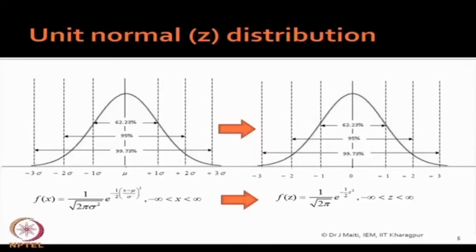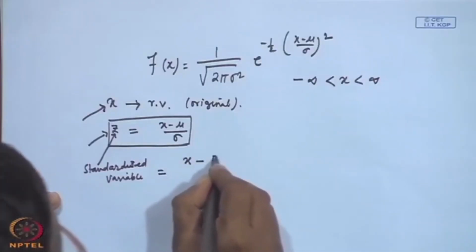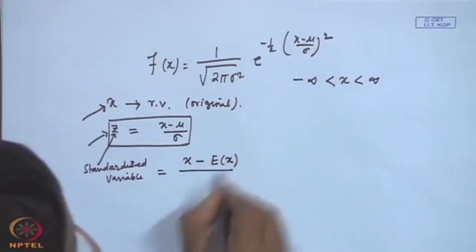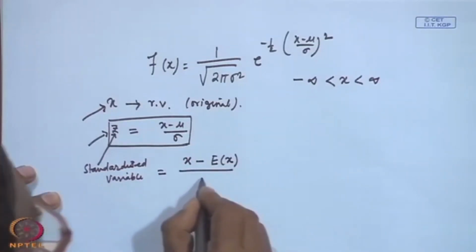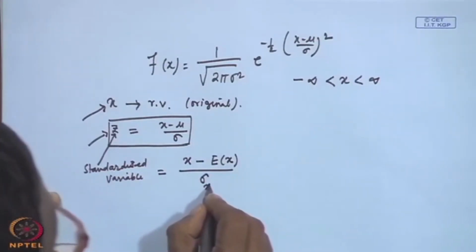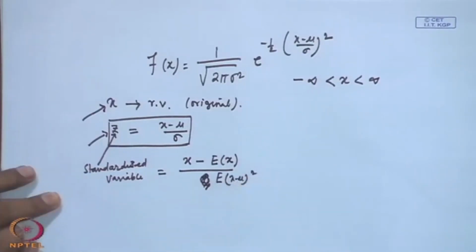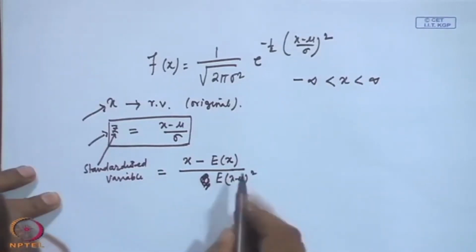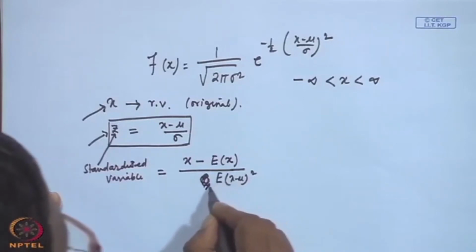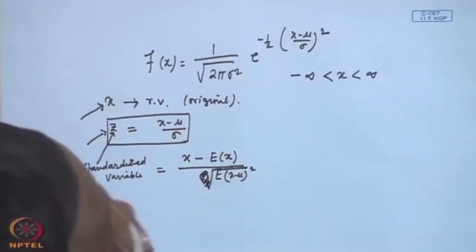That means the variable minus its expected value, the mean, divided by sigma, which is the square root of the expected value of (x minus mu) square, because we are considering the standard deviation.